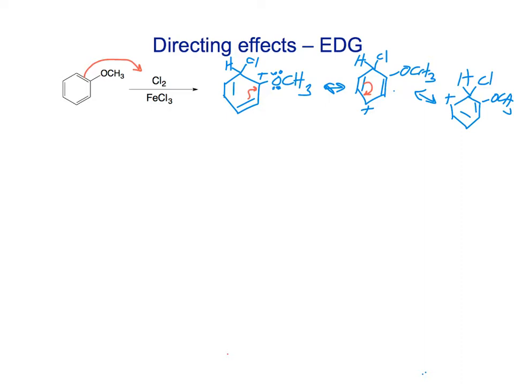Would that stabilize that cation if it was pulling electron density away from it? No, that would destabilize it. But we know that it can also donate electrons through resonance. So let's do that. I'm going to take this pair of electrons and donate it over toward the plus. This is going to give us another resonance structure.